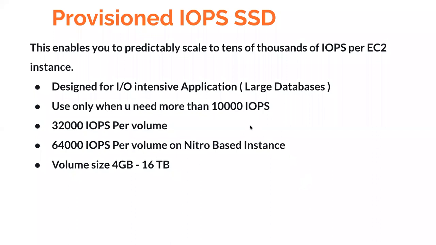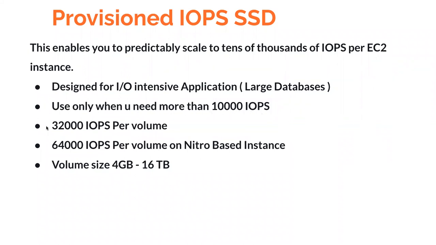The second part of SSD backed volume is provisioned IOPS SSD. When you require more IO, that means more input output operations per second, related to banking work or other places where transactions are more necessary, we will use provisioned IOPS SSD. Its short name is IO1, and use it only when you need more than 10,000 IOPS.